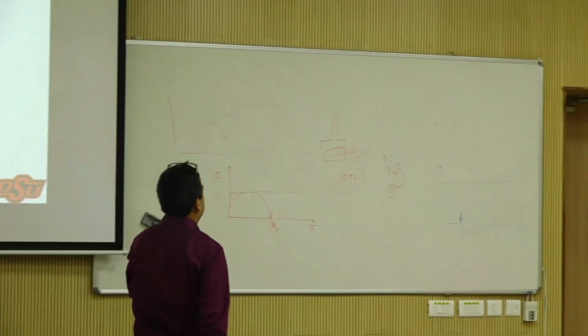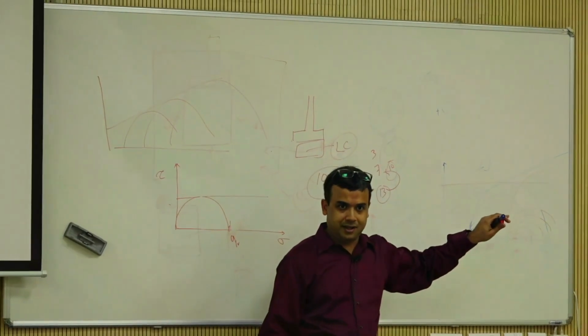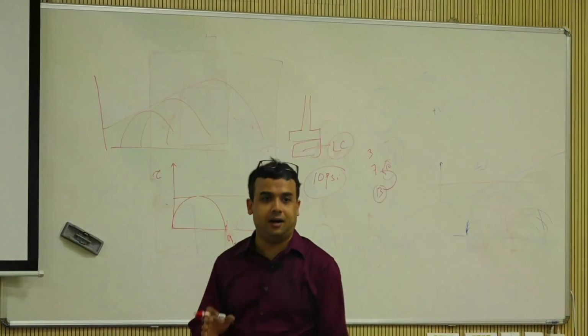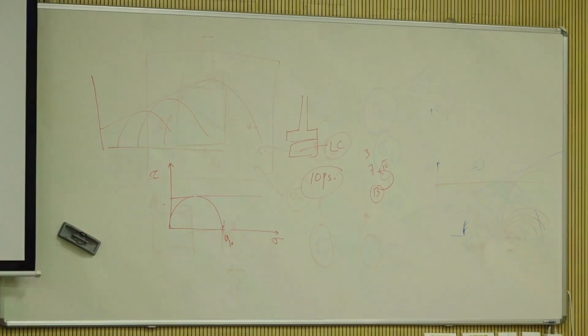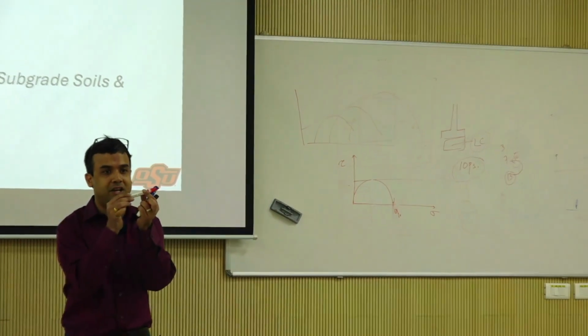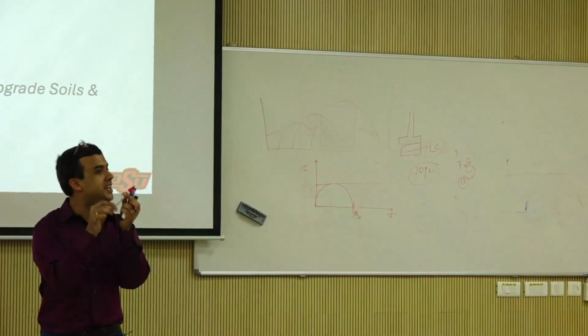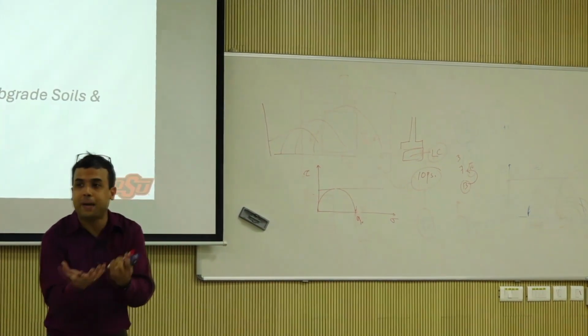So a stress controlled test in the real world honestly does not exist, because a machine only has control over what? The deformation. The machine does not control the force. What is the force dependent on? Your sample.